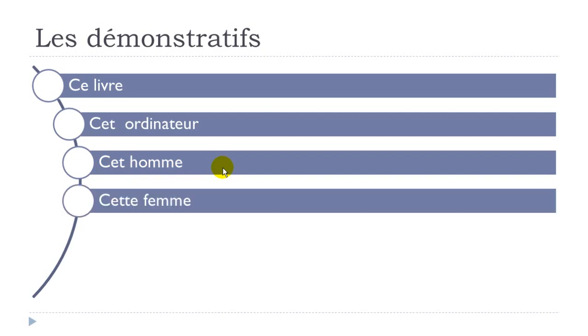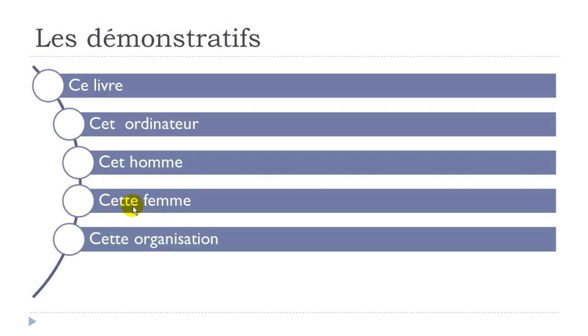So now a feminine word, femme, woman, no problem about that because we've got only one option for the feminine form, and it's cette, written like that. Cette femme. Same thing here, if you've got a word like organisation, well, it's the same in English. It starts with a vowel, but it doesn't change anything for the feminine démonstratif here. Cette organisation.